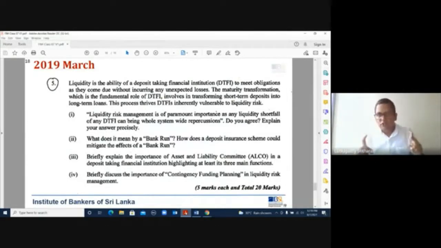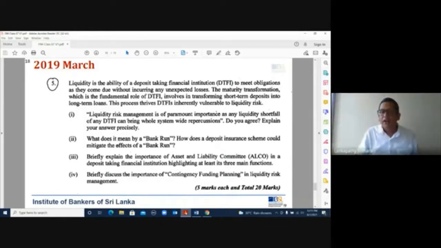There are two things you have to mention: most of the customers, and simultaneously. When most of the customers approach the bank and withdraw their money simultaneously, it is called a bank run. It is mostly created through negative information about a particular bank.